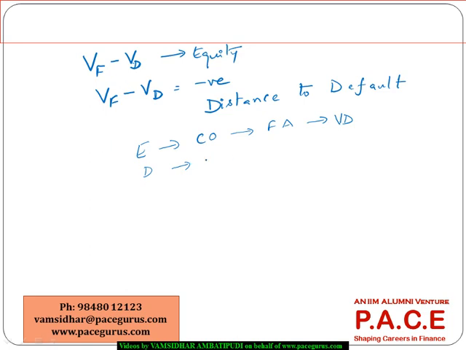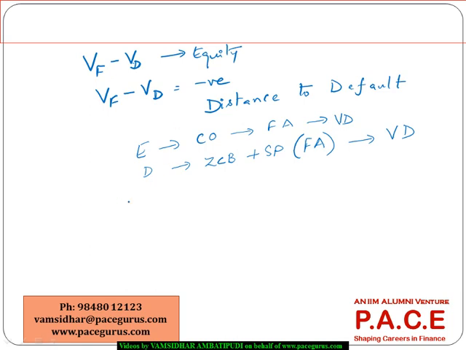The debt is nothing but a zero coupon bond plus a short position, right? We can take a short put position on the firm's assets with a strike price equal to the value of the debt. So this is how we can consider the equity and debt in the form of options.